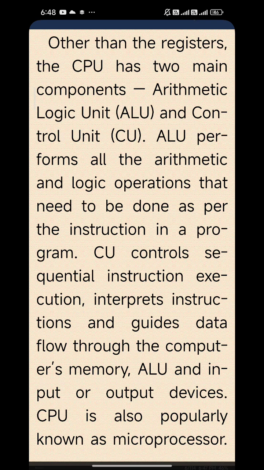ALU performs all the arithmetic and logical operations that need to be done as per the instructions in the program. CU controls sequential instruction execution, interprets instructions, and guides data flow through the computer's memory.